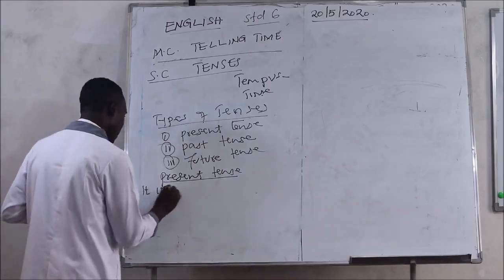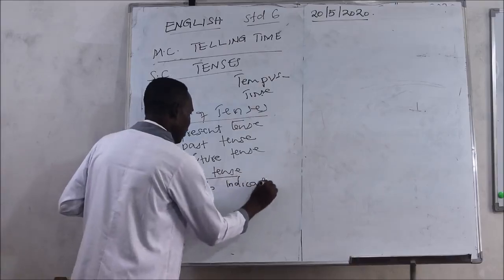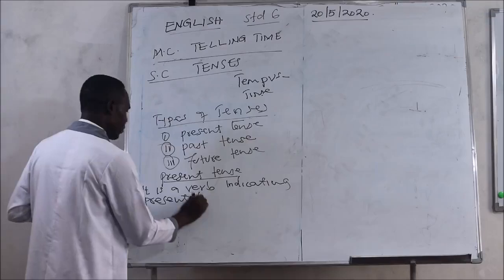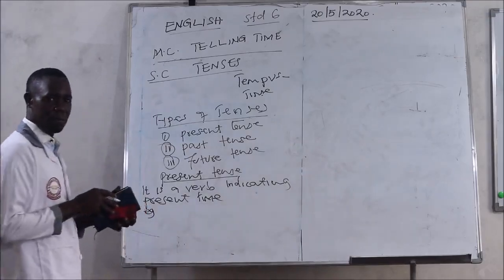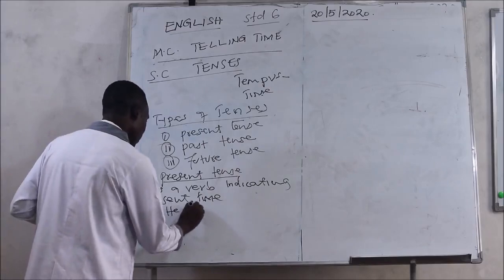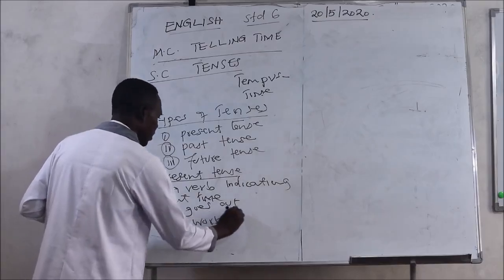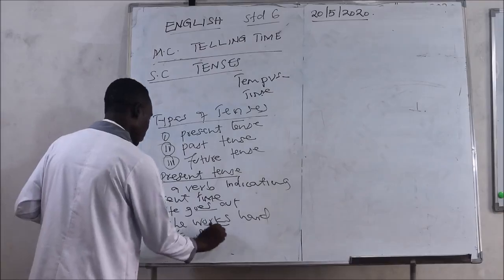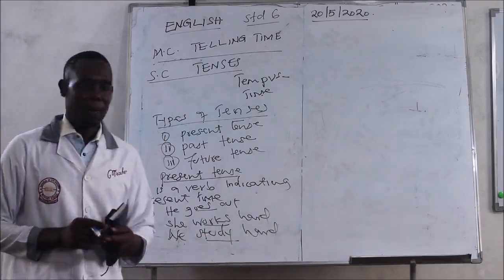It is a verb indicating present time, e.g., he goes out, she works hard, we study hard. So these are the words that I've underlined there; they are the ones we are calling present tense.